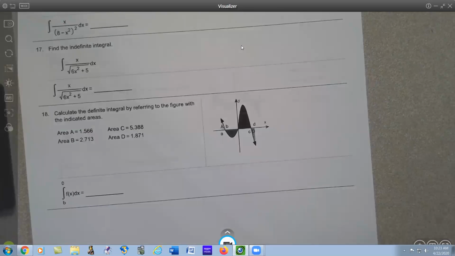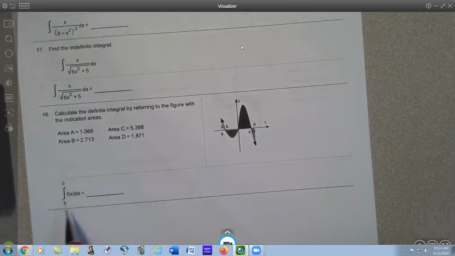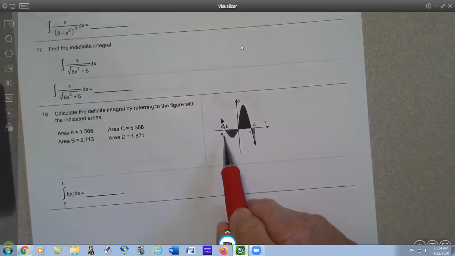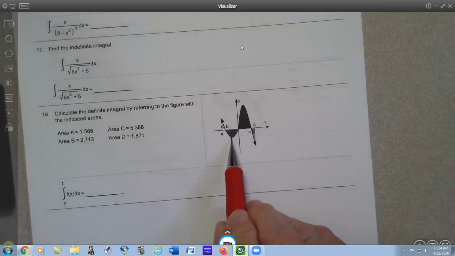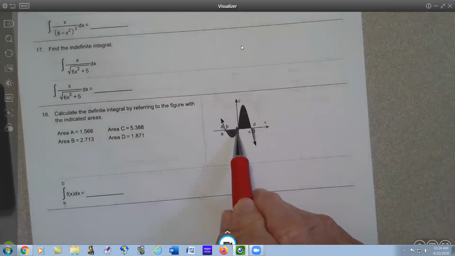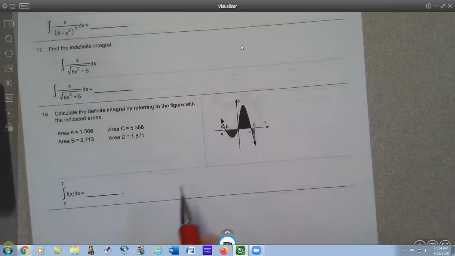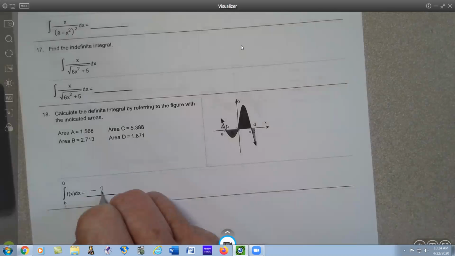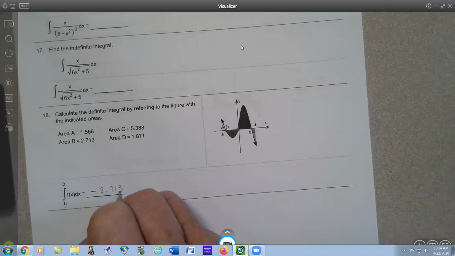Just be careful. Make sure that whatever lower limit they have here, you know the direction you're going. And also, these lower limits have nothing to do with the capital letters. So know what section you're going with. It's sort of hard to see on this one because it's sort of dark, but I'm going from B up to 0. So my answer here should be a -2.713 when they're asking me to calculate.